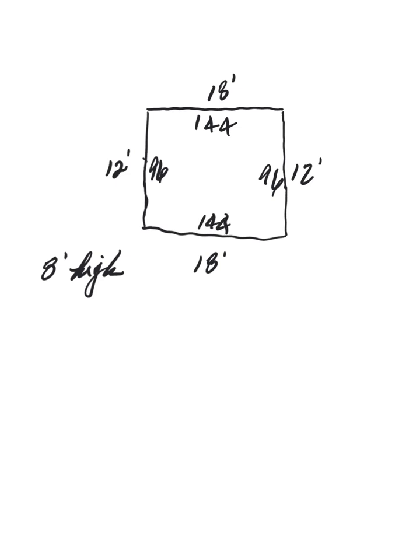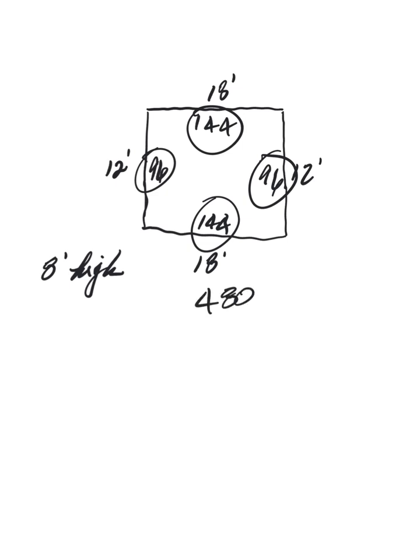So if we add up the square foot of all of these walls, 96 plus 96 and so on, we would get 480 square feet. And if our gallon of paint covered 400 square feet, we are stuck having to buy 2 gallons of paint because 1 would not be enough.